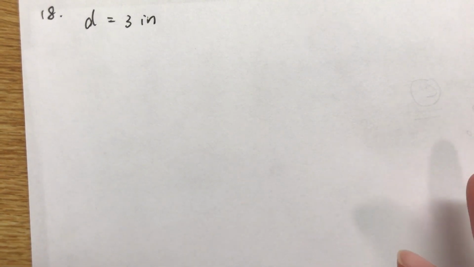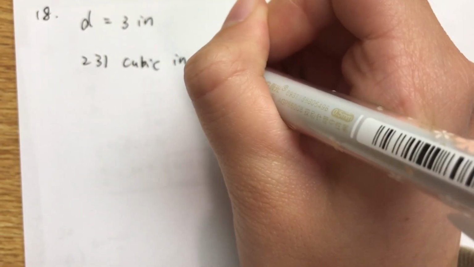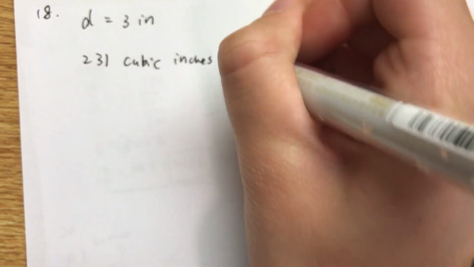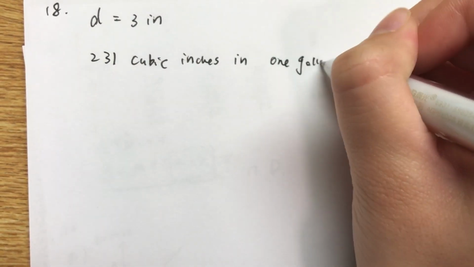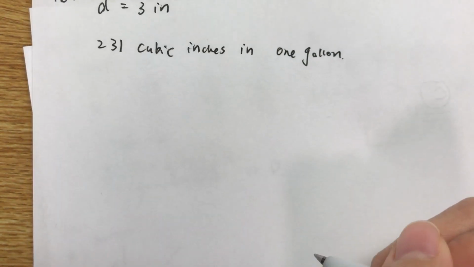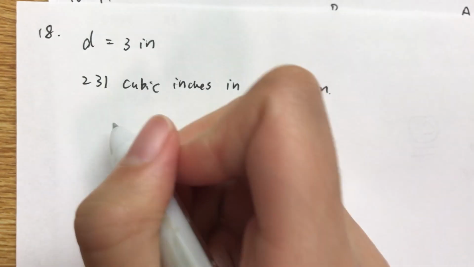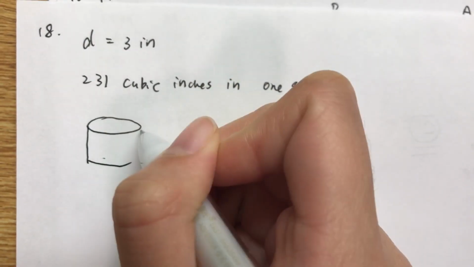Notice there are 231 cubic inches in 1 gallon. Okay. So from this question, we know we have a cylinder here.